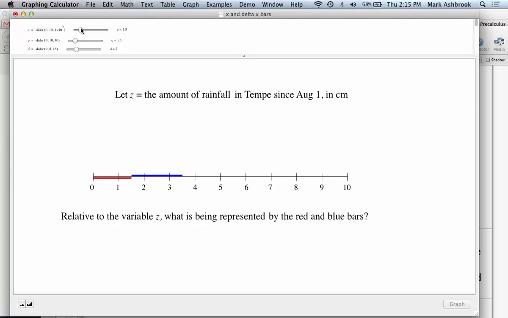Okay, Alec, what do you think? So the whole picture, can you describe the whole picture? What is it saying about Z?